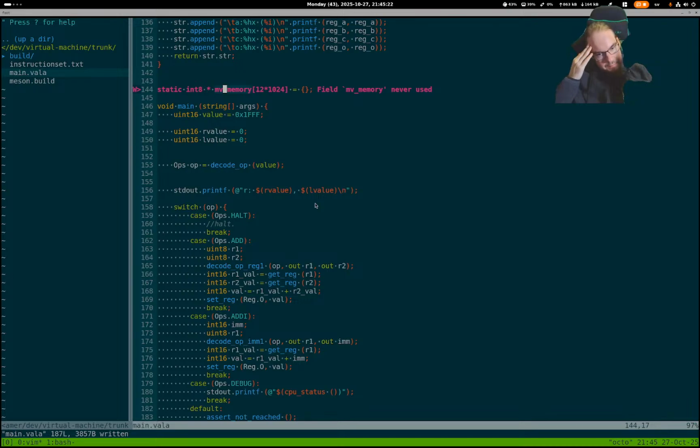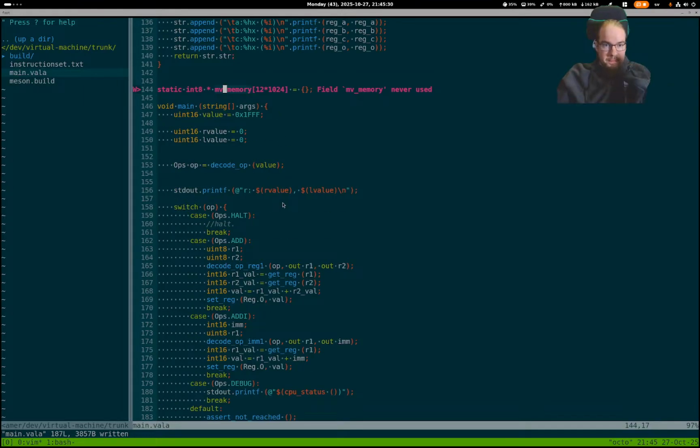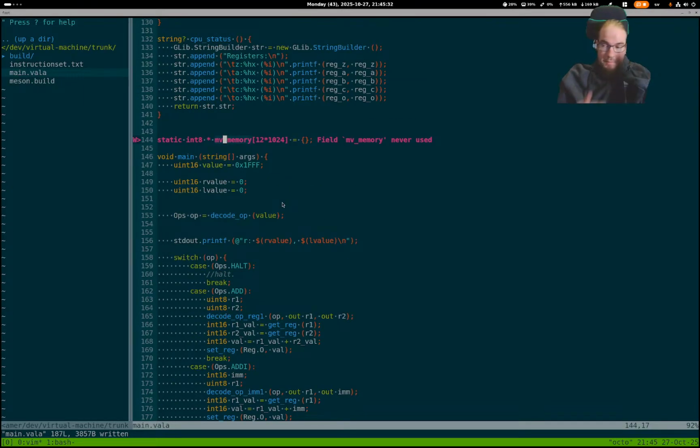And you want to write to the memory and read from the memory. And we need to be able to load a ROM, basically. A binary file, I guess.